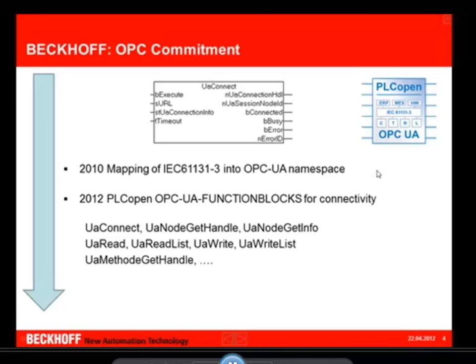The idea is to have a common mapping of the PLCopen object model into the OPC UA namespace. The next level, what we are working on right now, is to create PLCopen function blocks, which enable a PLC programmer to communicate out of the PLC controller with Unified Architecture client functionalities to other solutions, to other servers in the network.